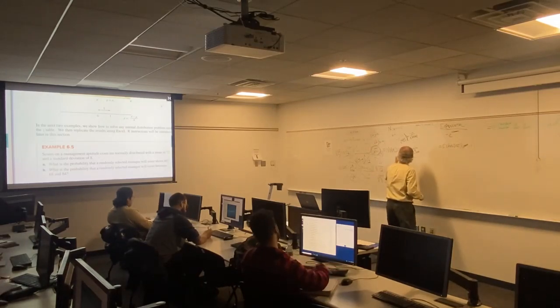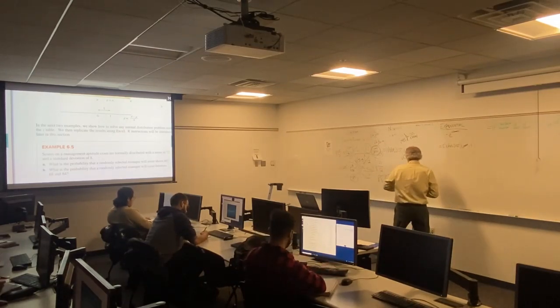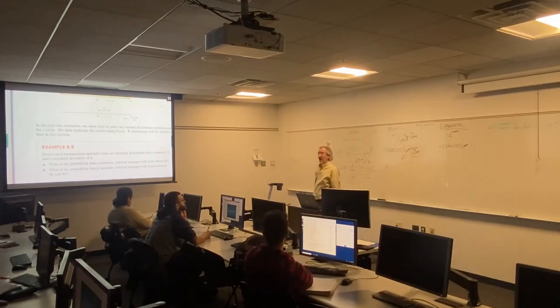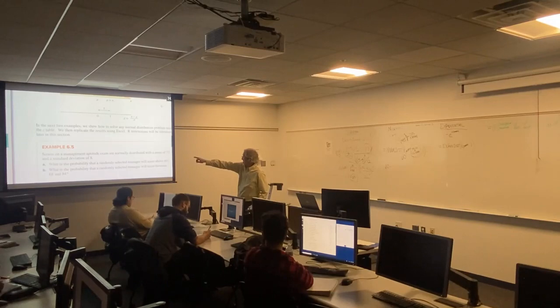I can put that in right now. There's 60. Get rid of the uniform stuff. Make room. Okay, so there's 60. We got that one. Manually, 60 minus the mean, which has been given to us. It says scores on the management aptitude test are normally distributed with a mean of 72.